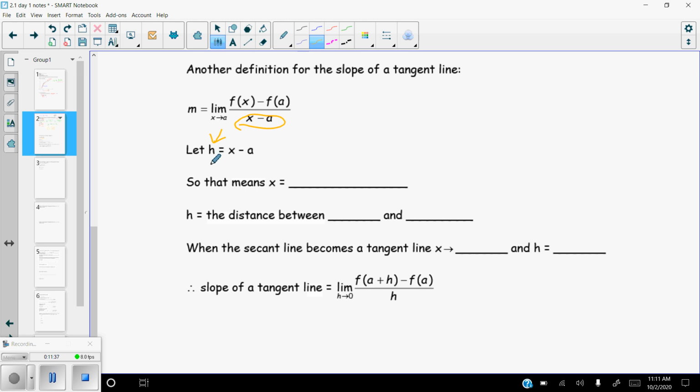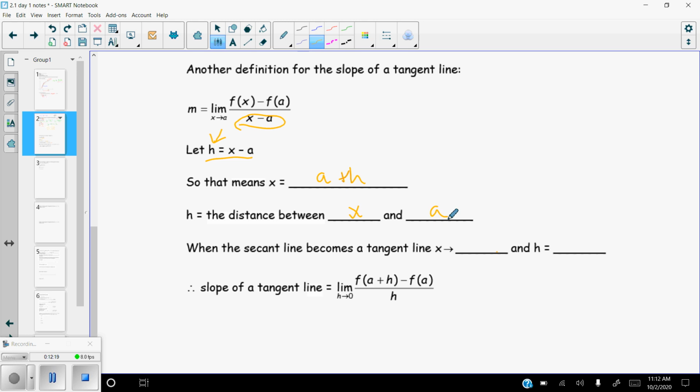Well, if that's the case, we can take this formula right here and solve it for x simply by adding a to both sides. If I add a to both sides, I'm going to get that x equals a plus h. And h literally is the distance between x and a. So if I am letting the x value get closer and closer to a, I am letting the distance between x and a get really, really small.